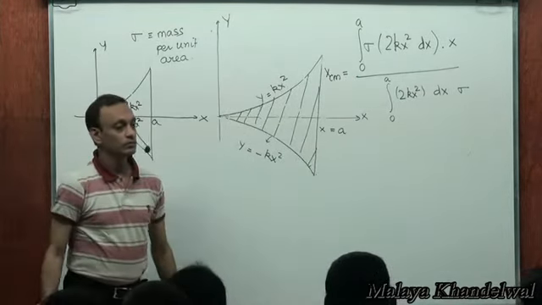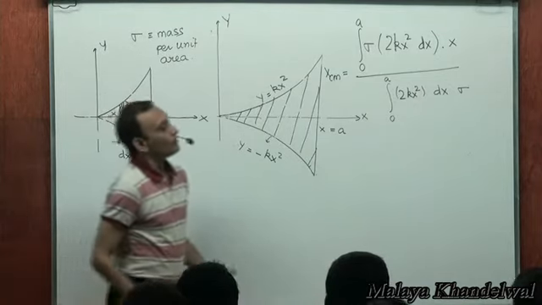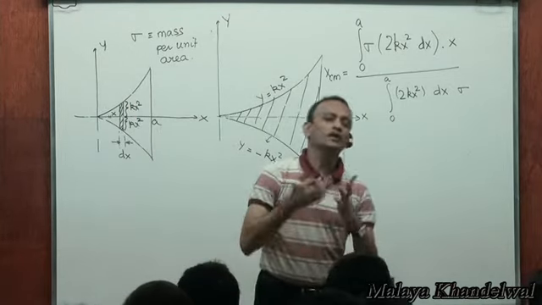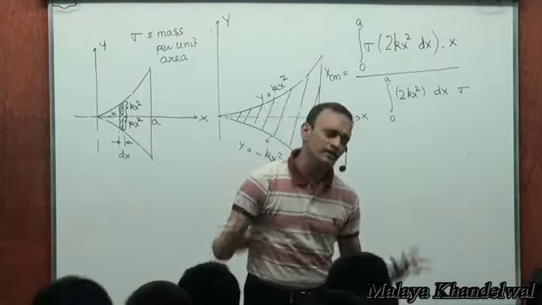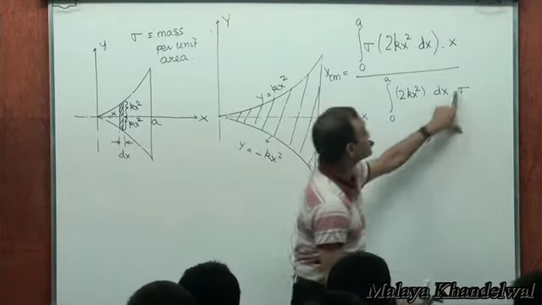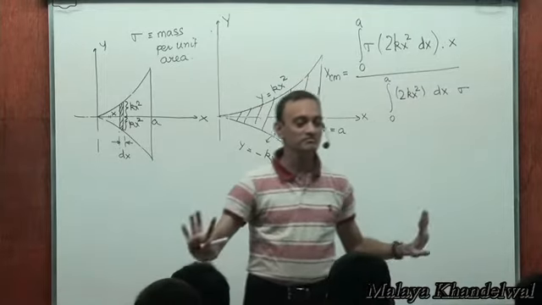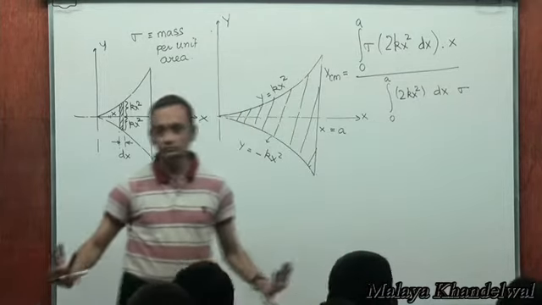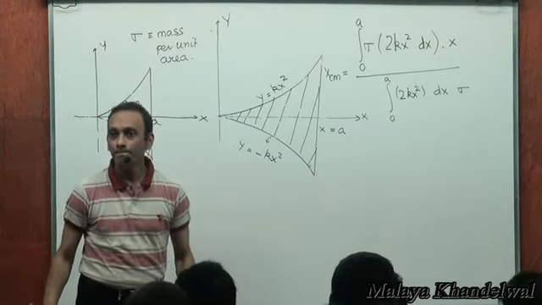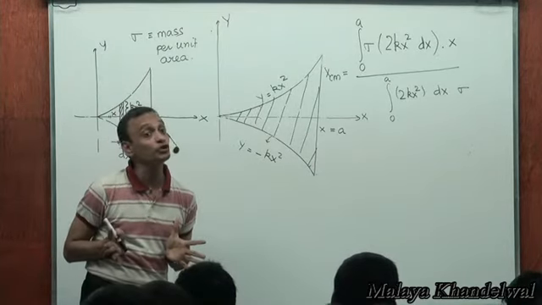Mass per unit area is already given. No, we are only pretending that we know sigma, because it doesn't matter. See, sigma will get cancelled. It's a constant, it will get cancelled. It's not given, right? So sigma anyways gets cancelled from the numerator and denominator.